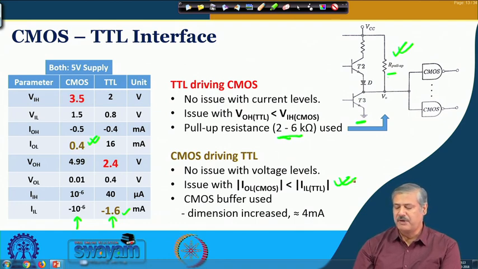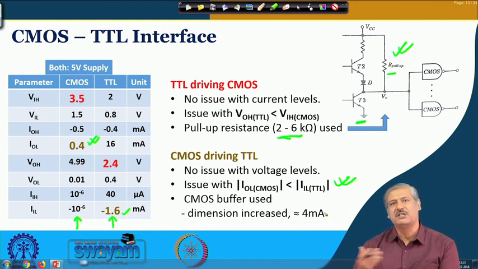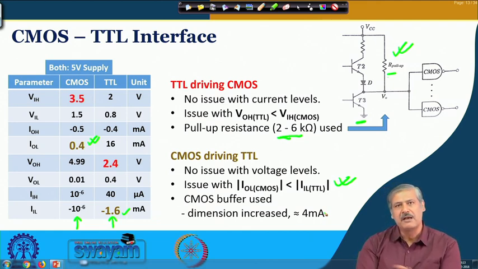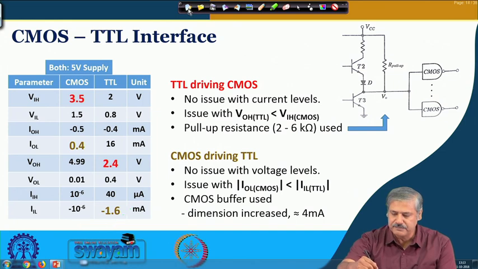In some standard ICs made by manufacturers, say Texas Instruments and others, it has been seen that the current that can be sunk is of the order of 4 milliampere, which can take say 2 standard TTL loads also. And if it is a low power TTL, more such gates can be connected. So this is how the interface has to take place. The issues I have mentioned come from comparing the transistor parameters, the gate parameters, for these two cases.